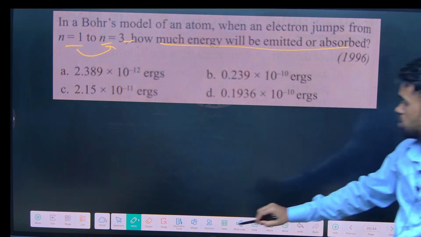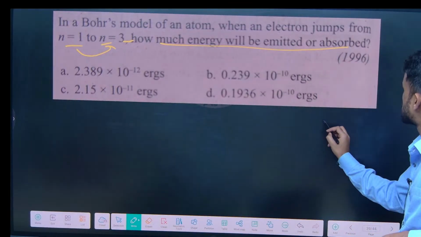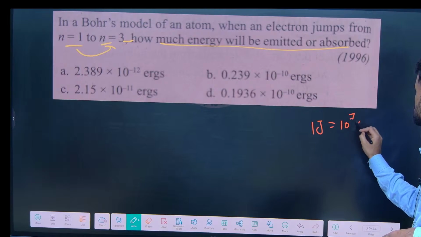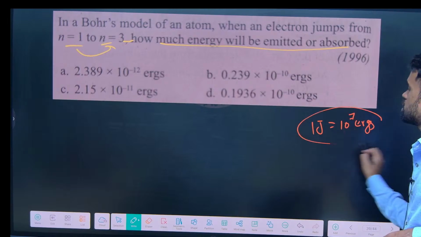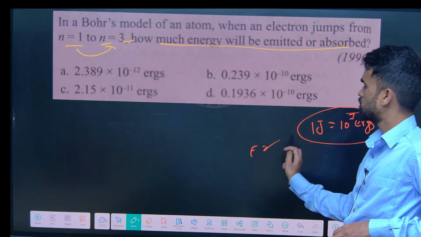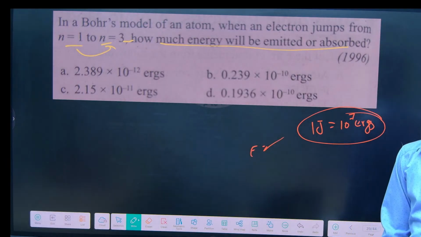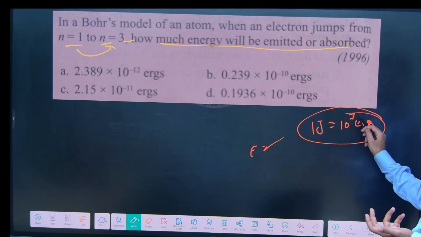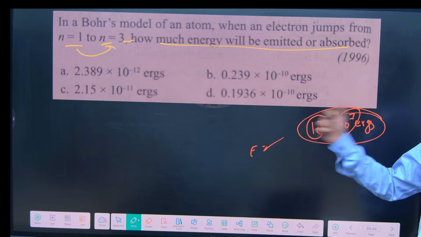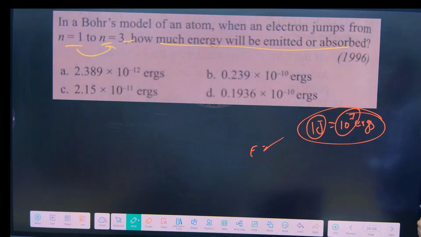So what is the relation between joules and ergs? 1 joule is 10 power 7 ergs. Can you use this and you can get this? So you can use energy in terms of joules, formula is there now? Yeah, wherever you have joules, you can multiply that with 10 power 7. So once solve this, once solve and tell me once fast.